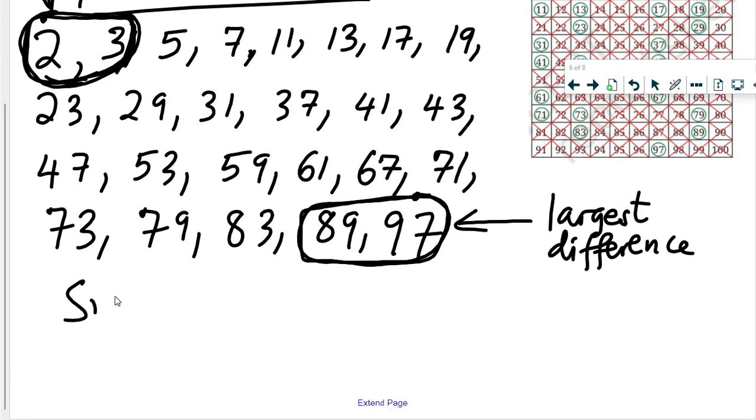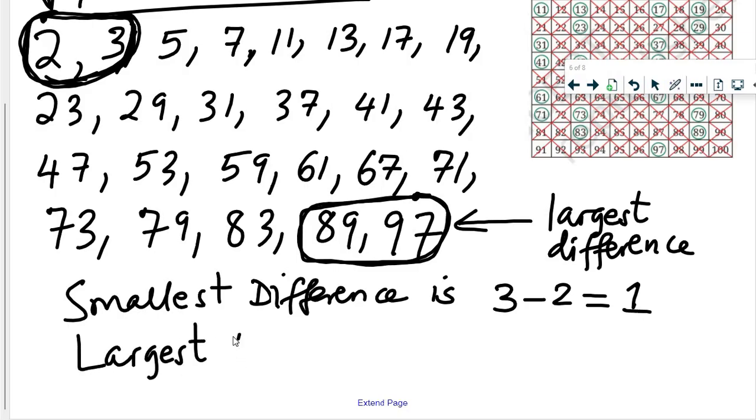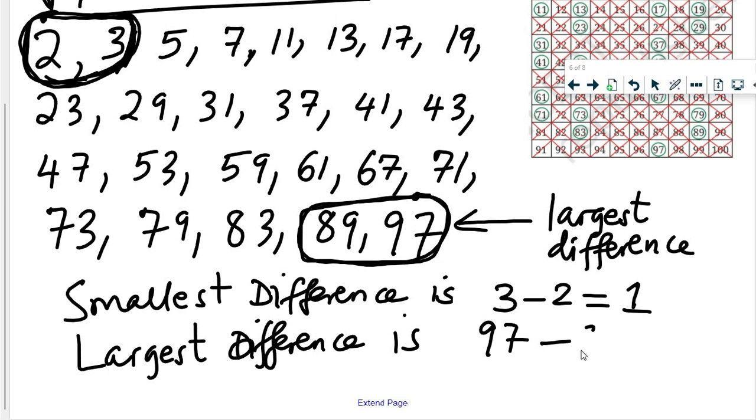So here you write: smallest difference is 3 minus 2 equals 1. Largest difference is, you take 97 minus 89. What is this giving you?